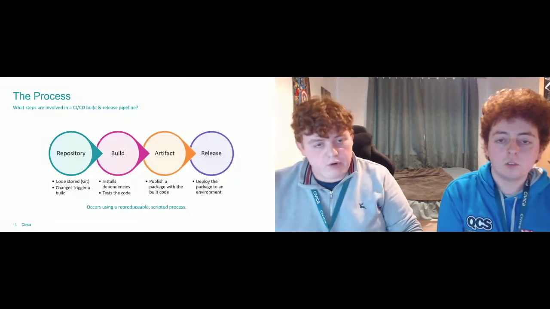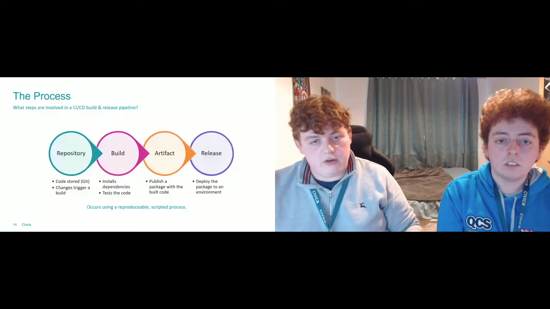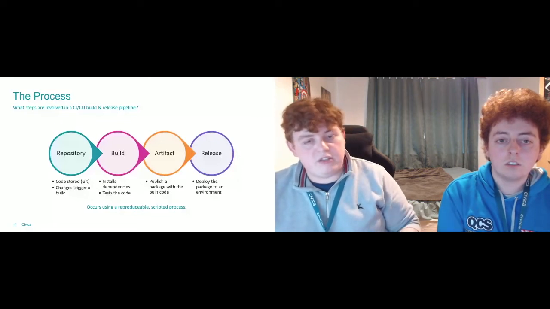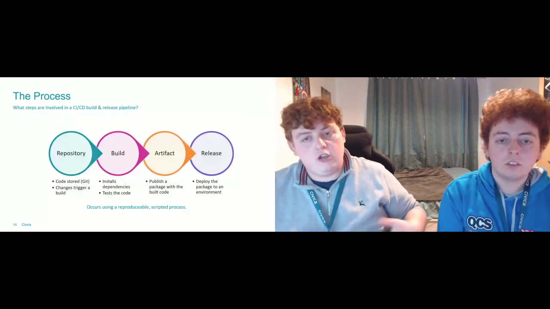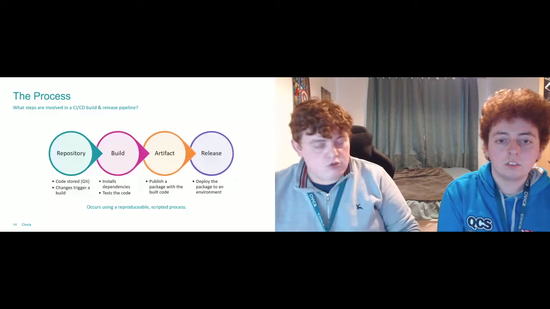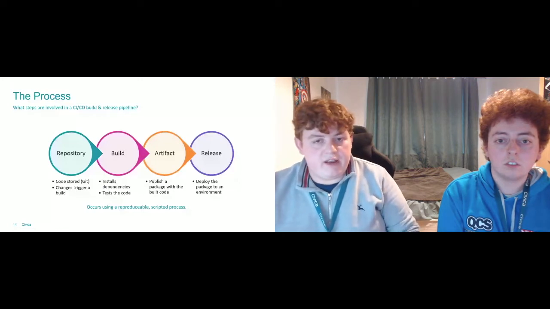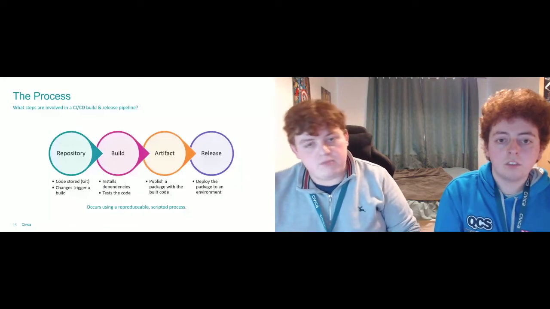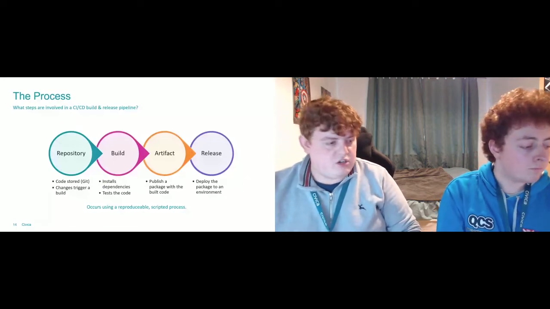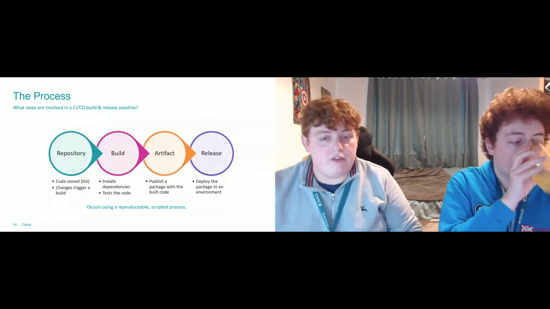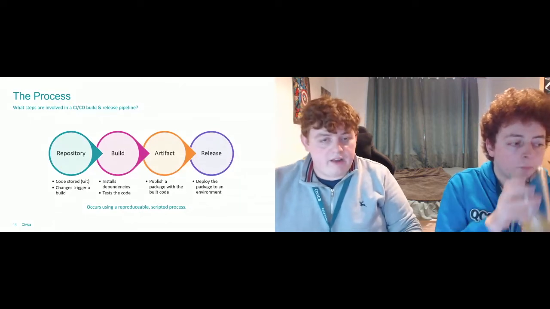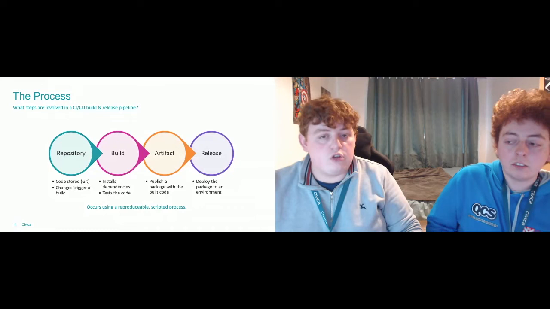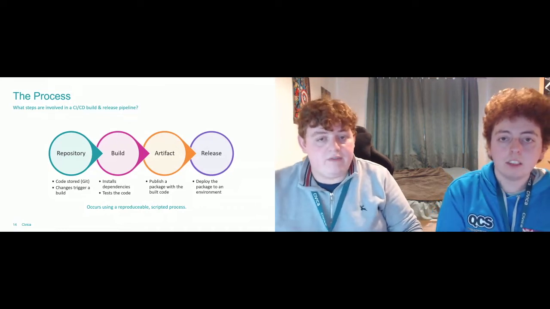We have a build process that takes our code and makes a package, and a release process that takes our package and configures it for the environment it's in. So maybe that means pointing it at a production service rather than a test service, or setting it into production mode rather than test mode. Doing all that specific configuration that goes with putting code in a live environment.